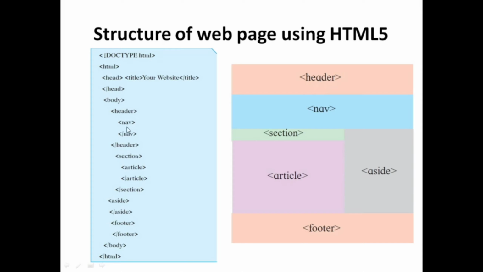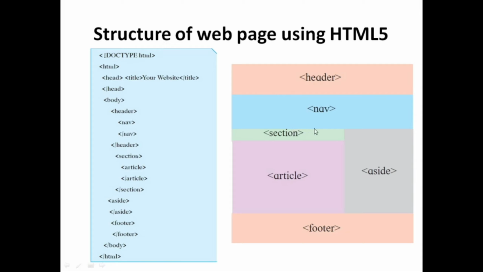Then within the header tag you can write the nav. Nav stands for navigation links. In case you want to give some navigation links, hyperlinks, then you can add them within your navigation part. So you have the opening and closing. Again, it's a paired tag. Then you close your header tag. So this is your header part.